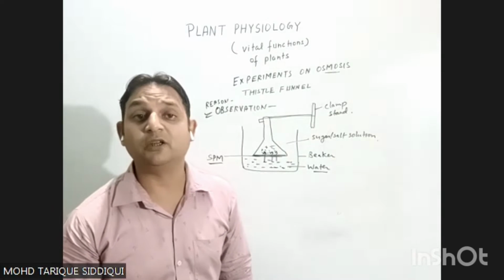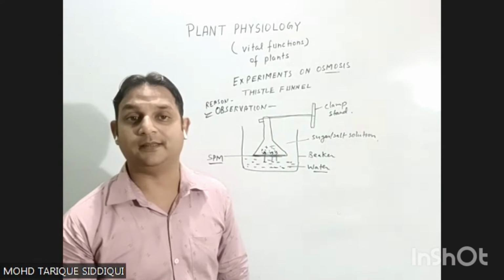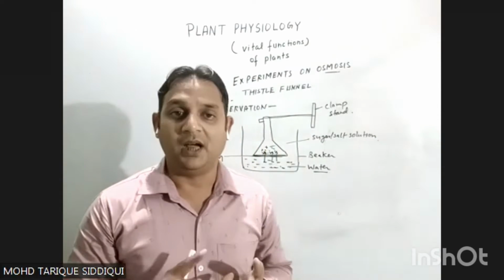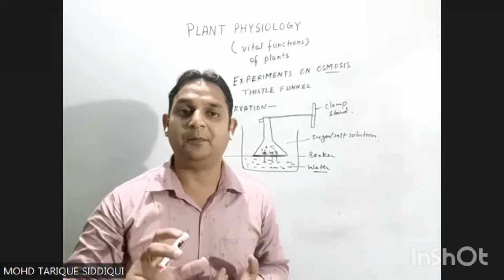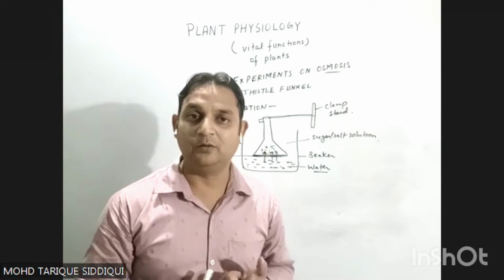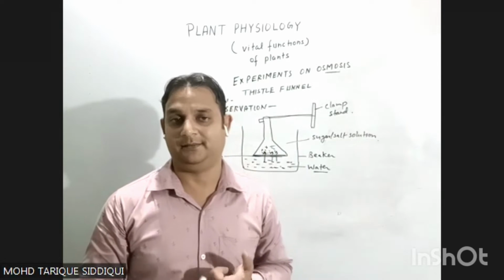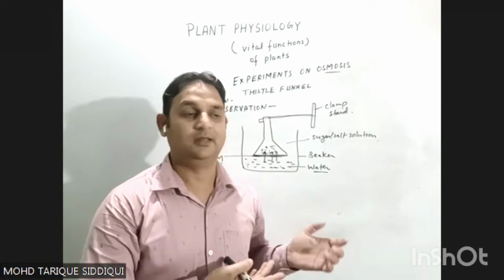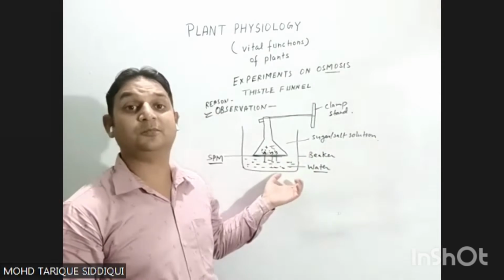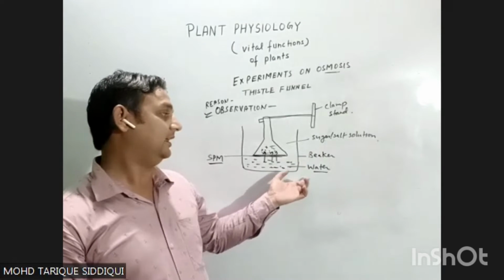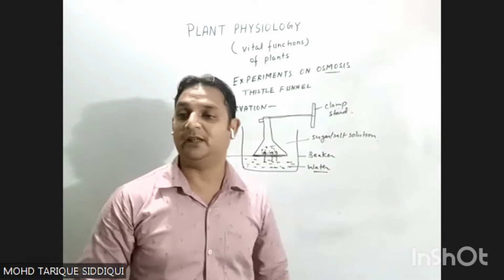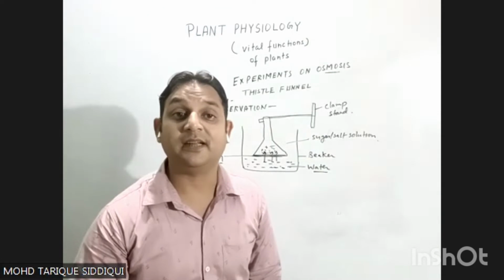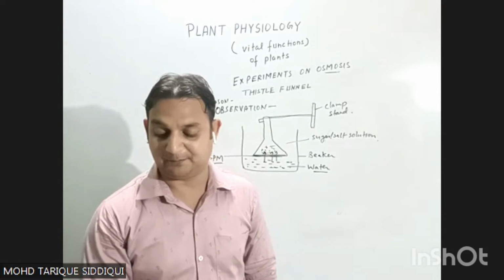Now, what will be your conclusion? That water molecules move from hypotonic to hypertonic solution through a semi-permeable membrane, or you can simply write the osmosis definition. This experiment demonstrated osmosis. Clear? This is the first experiment, the Thistle funnel experiment.